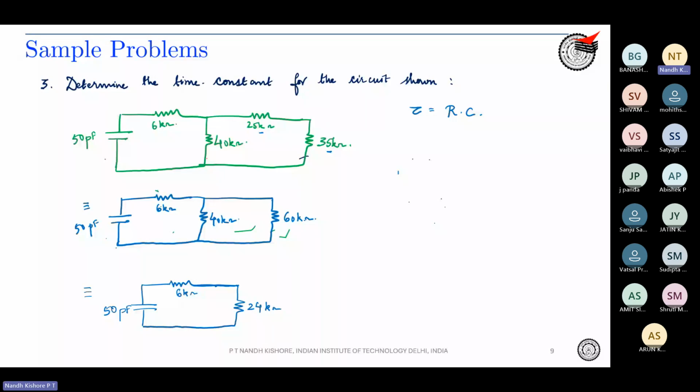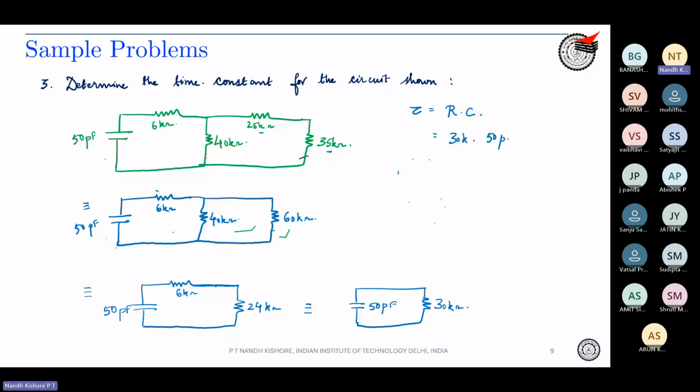Now we have 24 and 6 in series, which means we get 50 picofarad and 30 kilo ohm. So R is 30K and capacitance is 50P.